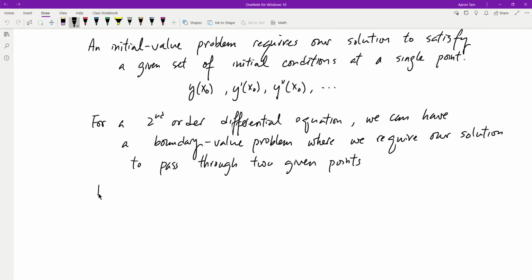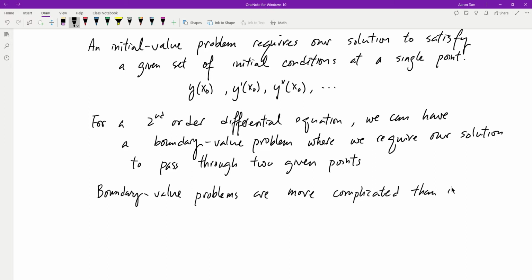Now, boundary value problems are definitely more complicated than initial value problems. One of the main reasons why is that they might not even have a solution.